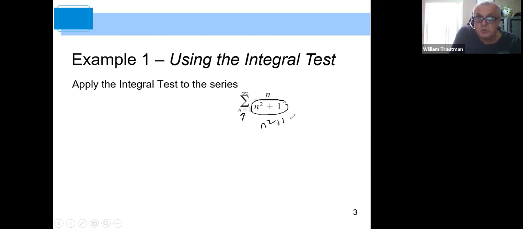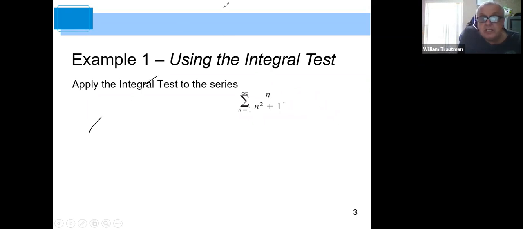N squared plus 1 cannot equal 0, no matter what you put in here. You could even put negative numbers in here and it will not equal 0. So it is continuous. If something's not continuous, more than likely you see some kind of vertical asymptote, and the bottom will let you know if that's a problem. So it meets all the criteria.